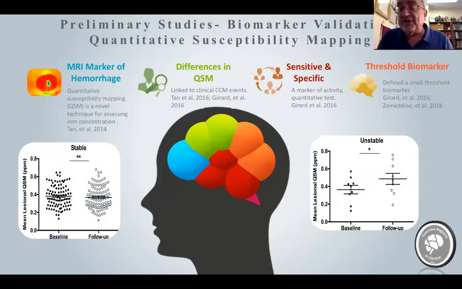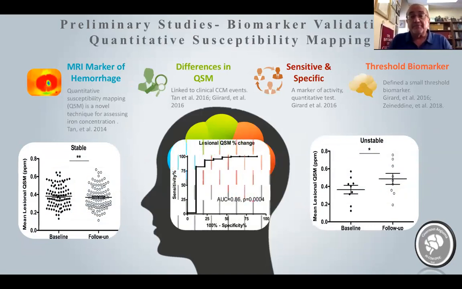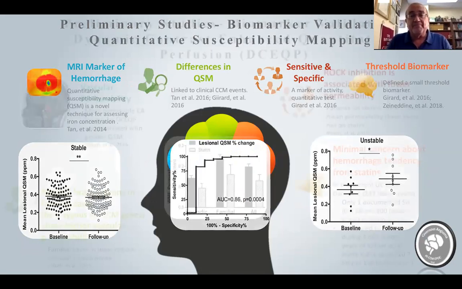So that difference between baseline and follow-up is what we want to change. Next slide. So this is a curve that shows that this is a very significant and specific effect. Those that change bleed, those that don't change don't bleed.